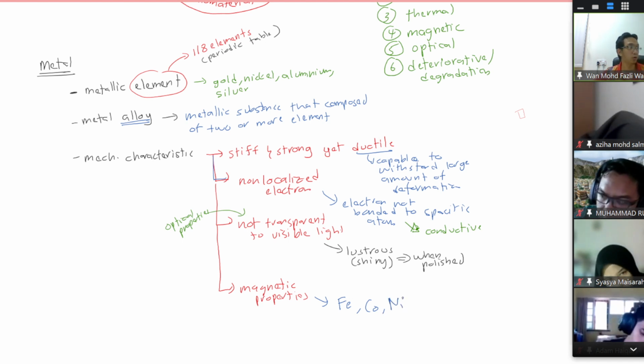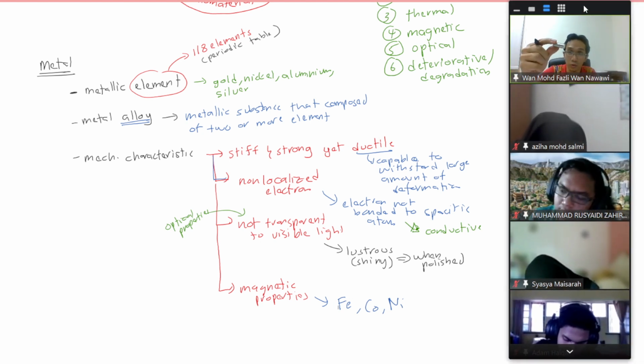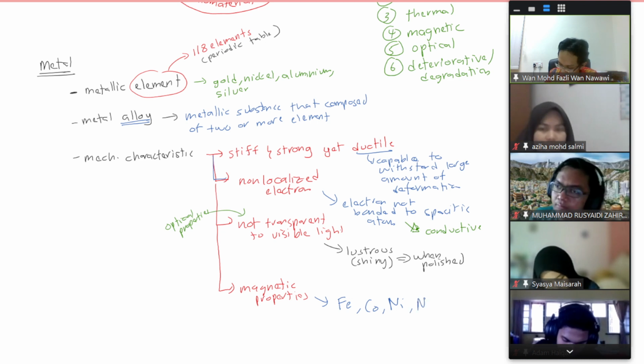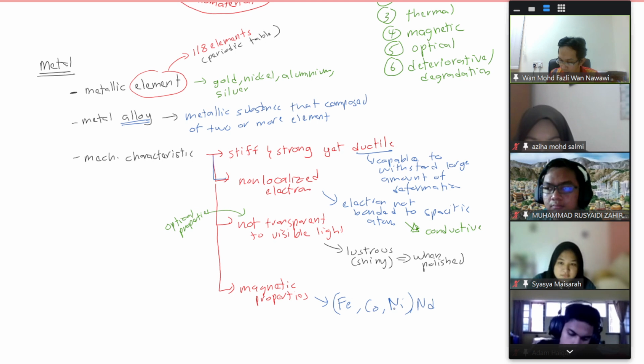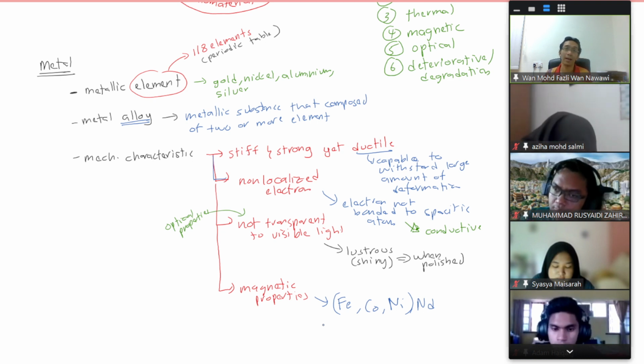The magnet that I showed you is from neodymium, Nd. But the most common ones are ferrum, cobalt, and nickel. Ferrum is iron. So normally when we talk about magnets, we talk about something that has iron.